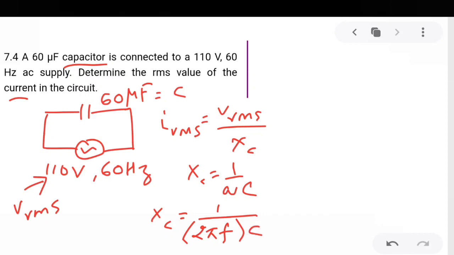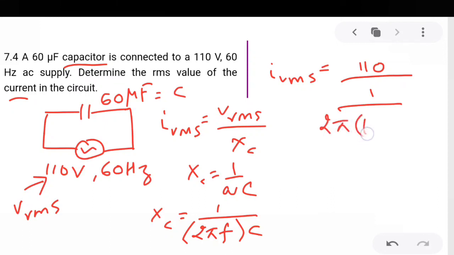So IRMS is equal to VRMS, which is 110, divided by 1 divided by 2 pi, frequency is 60 hertz, and capacitance is 60 microfarad, so 60 into 10 power minus 6.